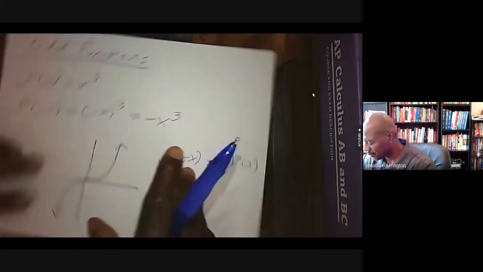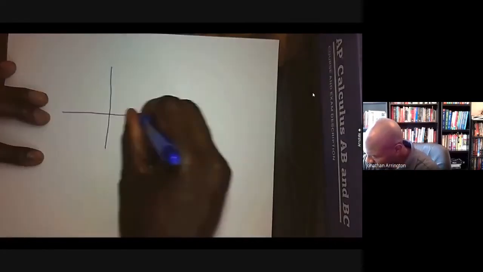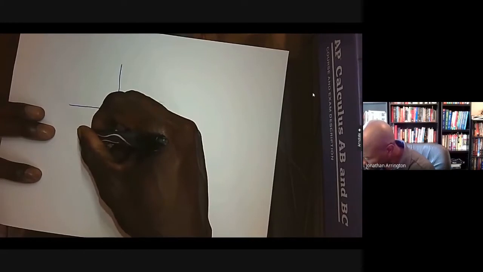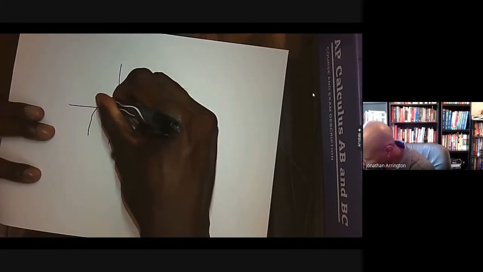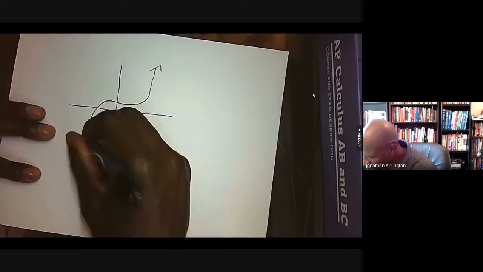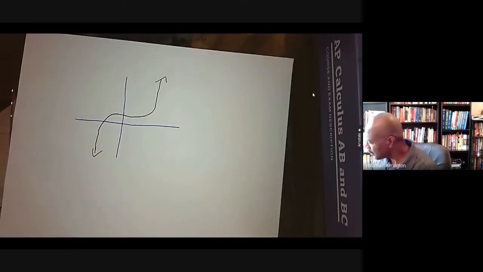For instance, I'm going to make just a random graph. No function in particular. Well, perhaps this is a particular function. So let's say this is my function. Okay, that's my function, right?